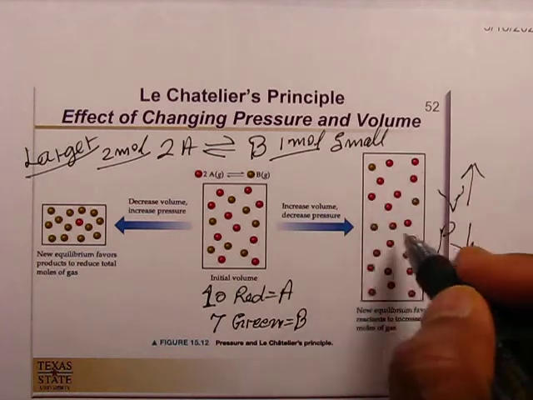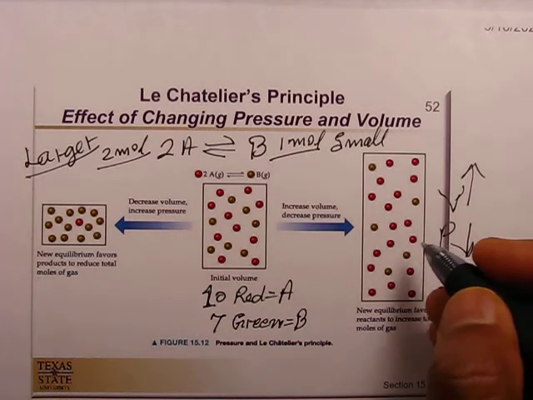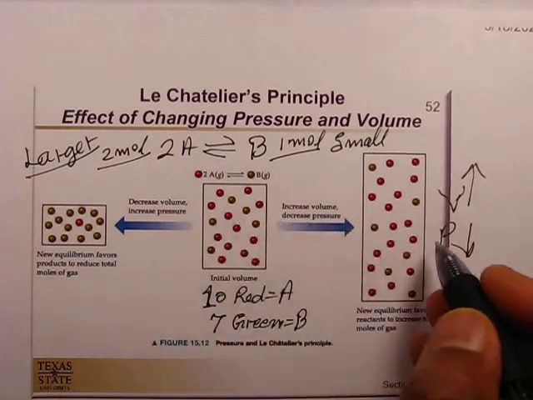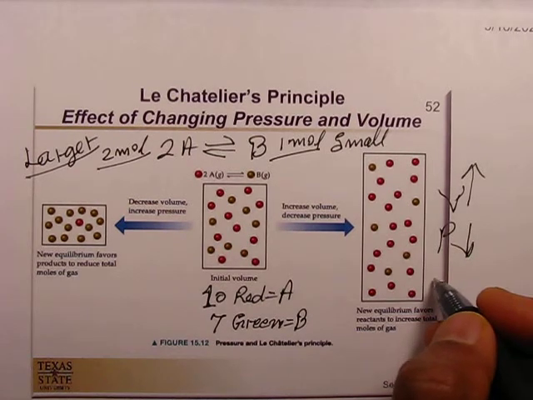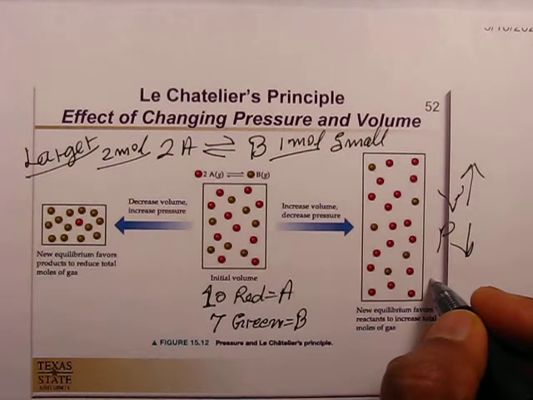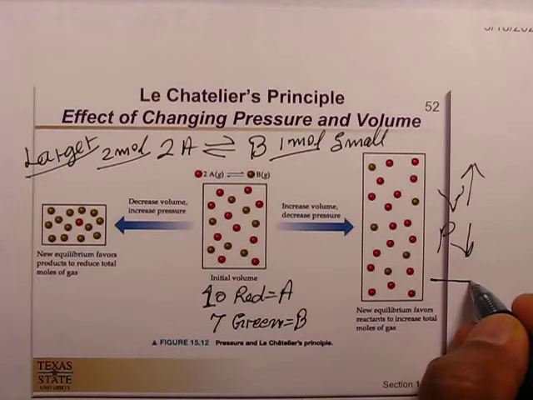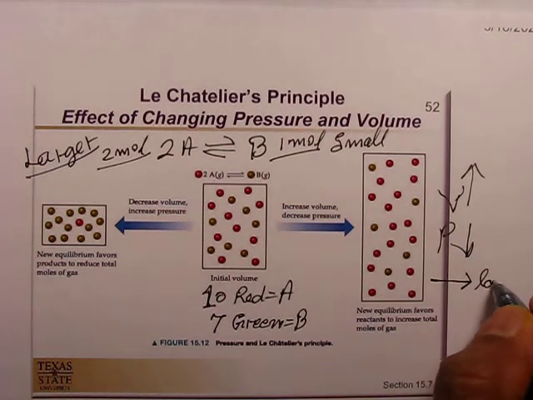Now if the volume is increased and pressure is decreased, so we move from a smaller container to a big container. What will happen? So here my equilibrium will shift toward the larger number of moles.